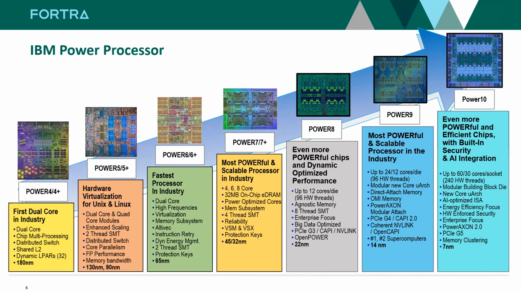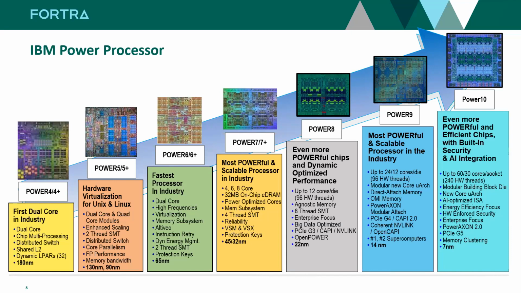The Power 8 delivered on average a bit over 60% more CPWs than the Power 7. The Power 9 in turn delivered almost 40% more CPWs than the Power 8. And now the Power 10 delivers over 50% more CPWs than the Power 9.